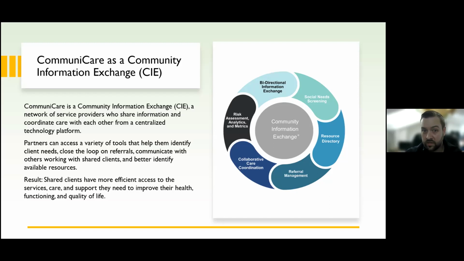To assist the Johnsons, Sarah accesses the Family Resource Center's CIE platform, Communicare, and then she enters the basic information about the family into the system. And then she generates a list of relevant resources and services available in the community. So Sarah says, you need employment services.